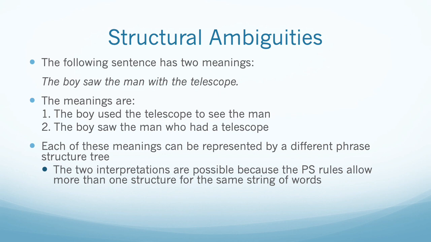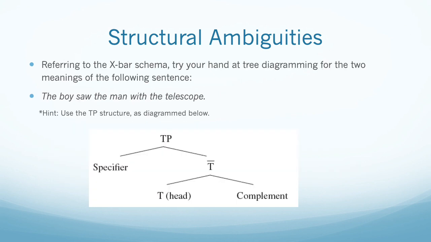So again, each of these meanings can be represented by a different phrase structure tree, or a syntax tree. And this is possible because the phrase structure rules allow more than one structure for the same string of words. So as a little challenge exercise, take a few minutes now, pause the video for as long as you need to practice tree diagramming the two meanings of the sentence, the boy saw the man with the telescope.